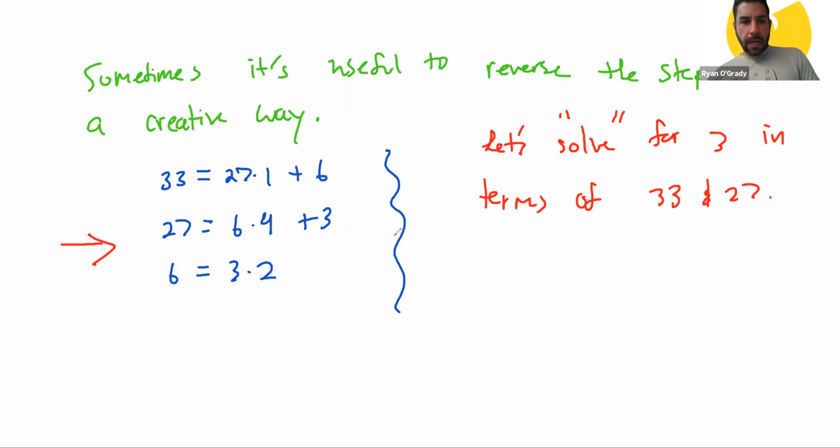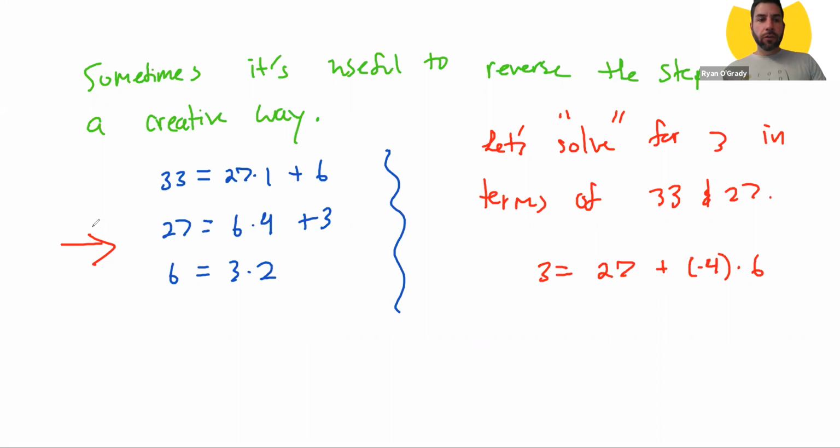So from the line that I have an arrow on, I get 3 is equal to 27 plus, now watch how I write this, I'm going to write it a little different. I'm going to write this as 4, but it's not 4. I'm going to use negative 4 and then times 6. Now, notice that I have my one original number here, but I don't have 33 anywhere.